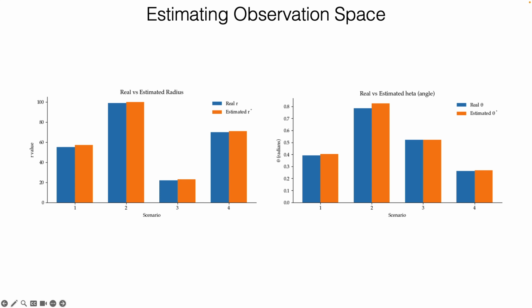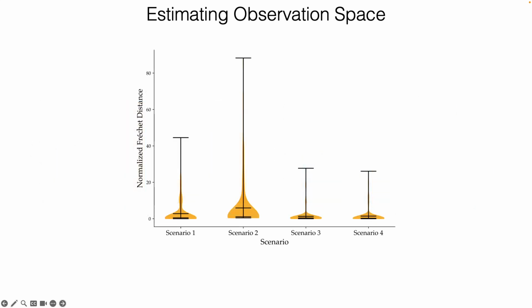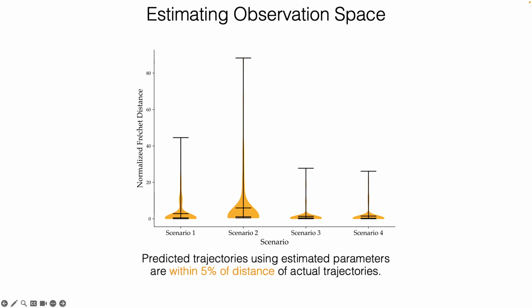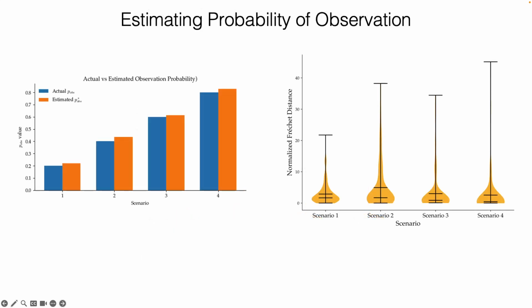And as we can see, we can closely estimate the agent's observation space. Then using these estimated values, we generate predicted trajectories to see how far they are from the actual trajectories, and we observe that our predicted trajectories using estimated parameters are within 5% distance of the actual trajectories.